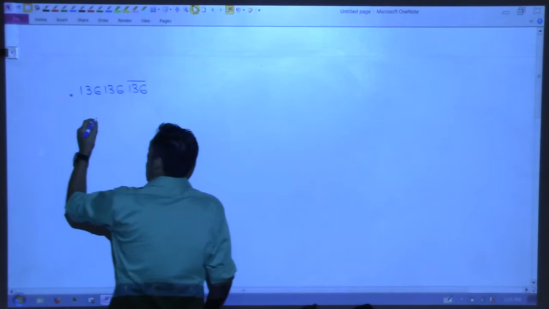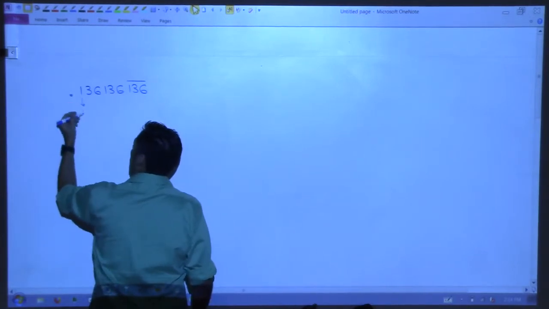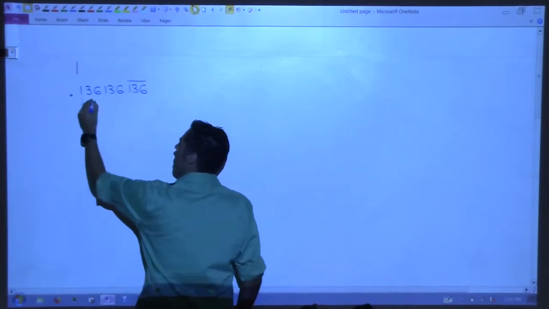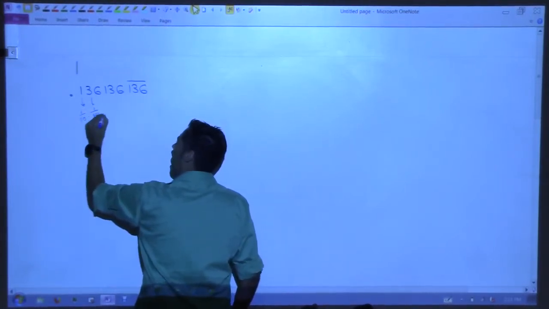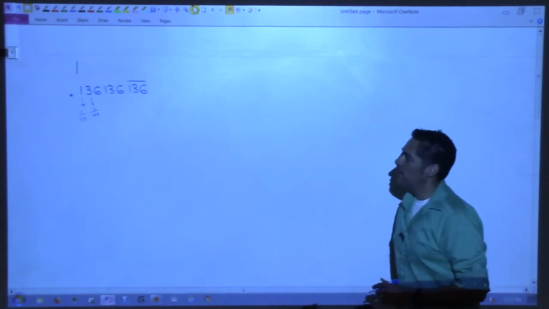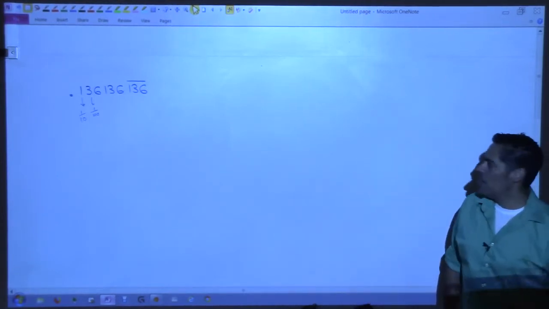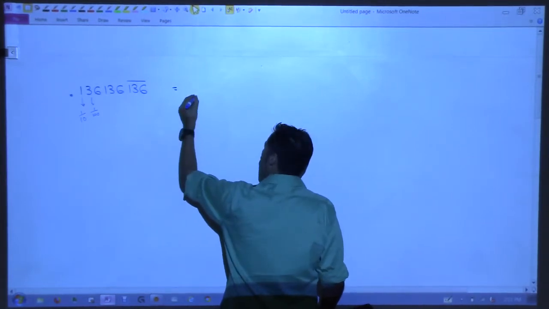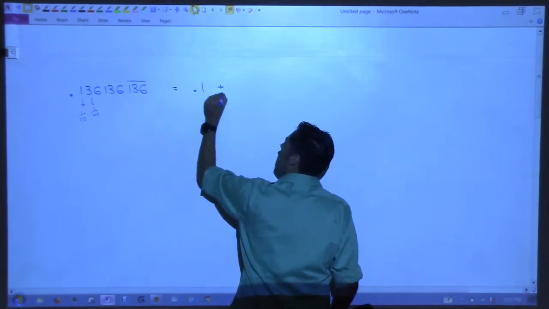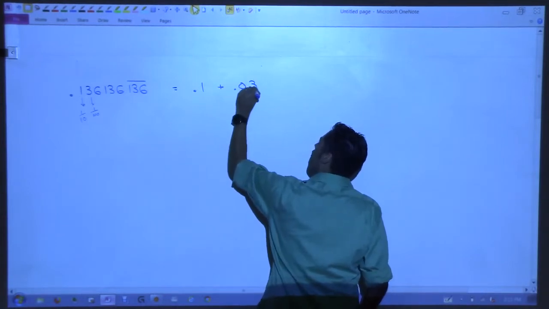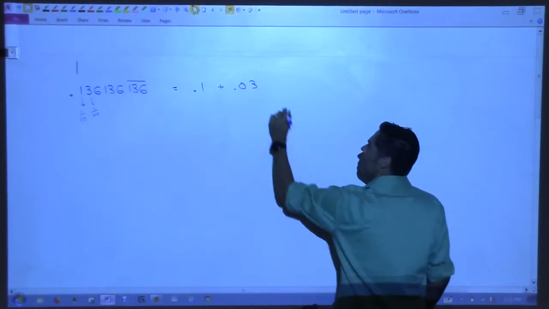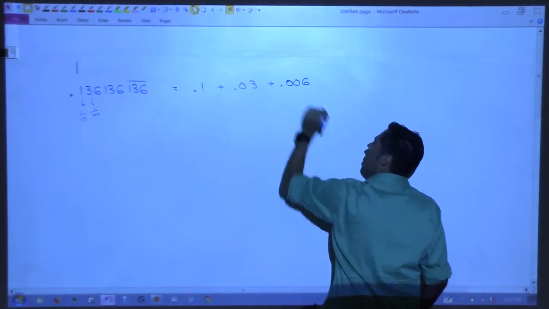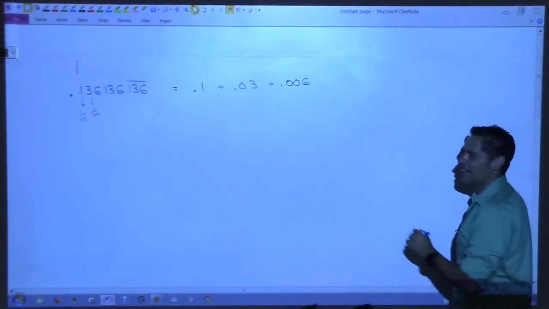Remember our positions here. Isn't this the tenths position? This is how many tenths we have. This is how many hundredths we have, right? The next one is thousandths, and then ten-thousandths, hundred-thousandths, yes? So this is the same as taking 1/10 plus 3 100ths plus 6 1,000ths, right?